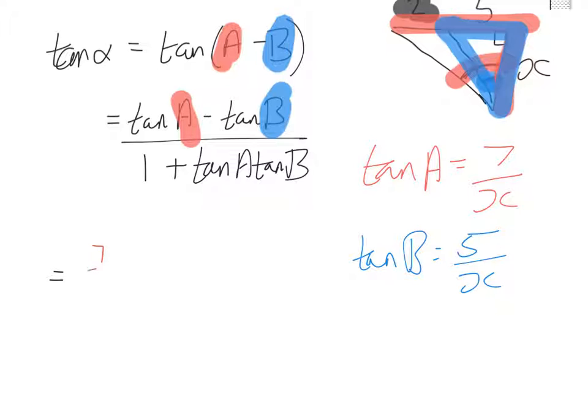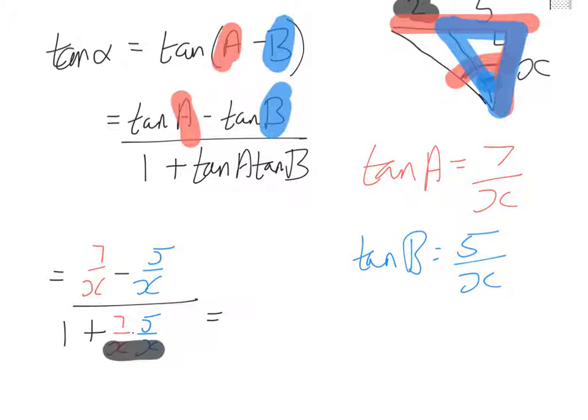So let's just substitute that into the compound angle formula. We get 7 over x minus 5 over x over 1 plus 7 over x times 5 over x. And that's just a case of rearranging that to the equation we were given before. I'm going to get rid of the x squared in the denominator here.